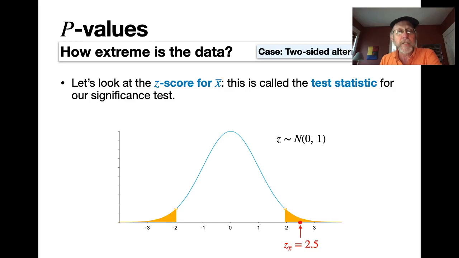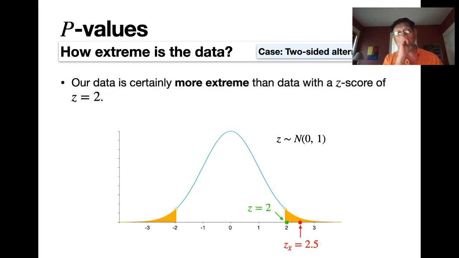So for instance, suppose we look at our z-score of 2.5 and compared it to a z-score of 2. Which is more extreme? Well, our z-score of 2.5 would be more extreme than a z-score of 2 because it's further out in those tails, and the tails are what defines what's extreme here.